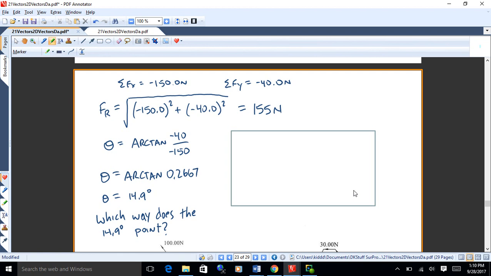degrees. Okay? So why don't you just sketch up that vector that you got. You got 155 newtons and when we calculated that angle, we got 14.9 degrees.